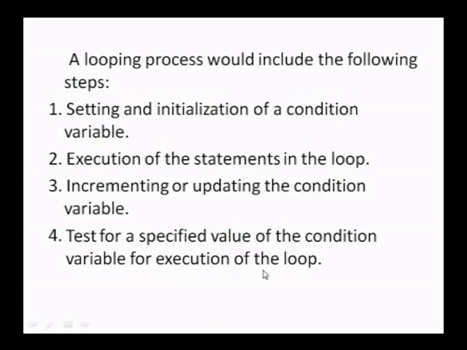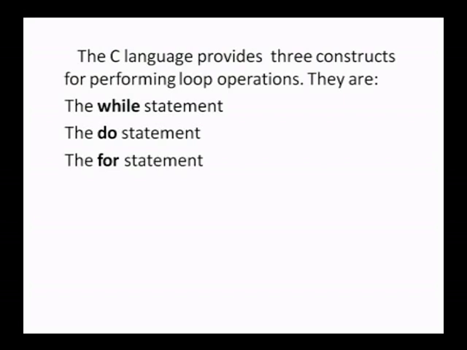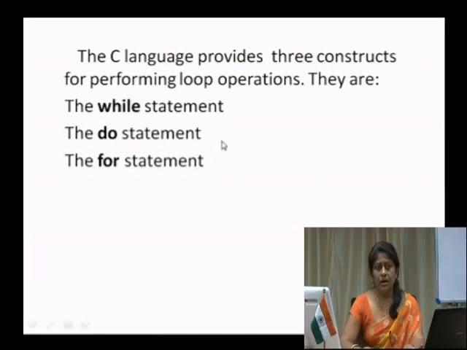So, these are the general process that happens while we make use of the loop structures. And our C language provides three constructs for performing these loop operations. They are the while statement, the do while statement, and the for statement.